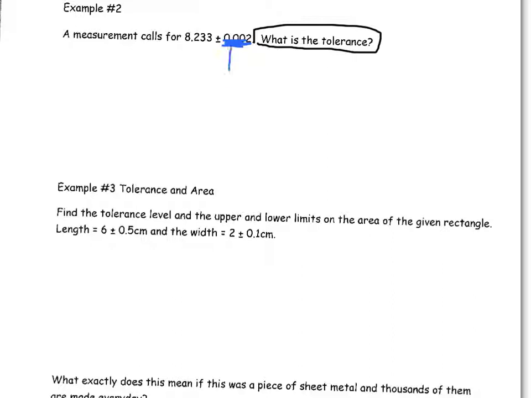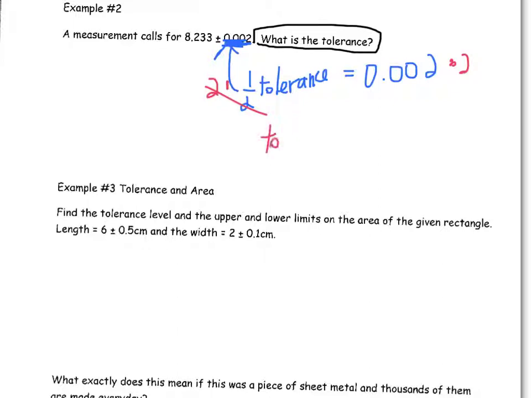This is supposed to be half of tolerance. So 1/2 of tolerance is 0.002. So tolerance, well, just multiply by 2 on both sides. And we find that tolerance equals 0.004.